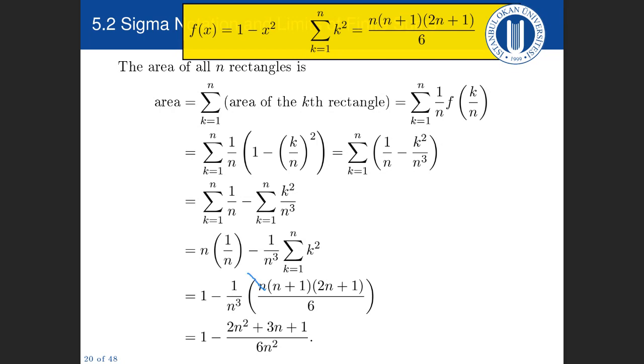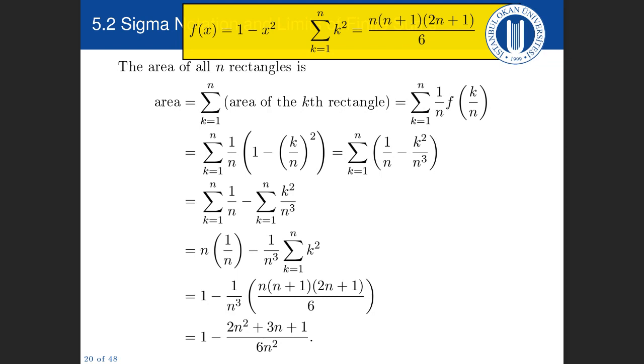I'm cancelling one of the n's on the top with one of the n's on the bottom, so we could just get n squared on the bottom. This is the formula for the area of n rectangles in a lower sum.